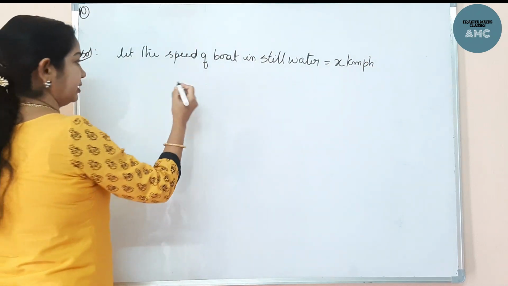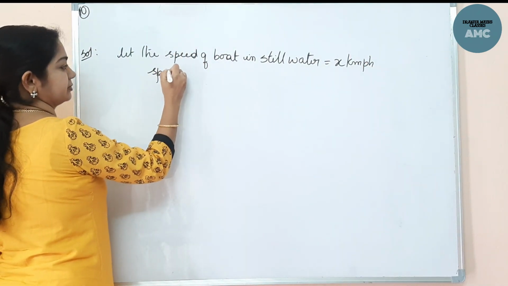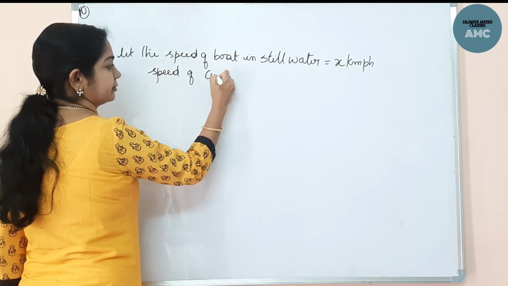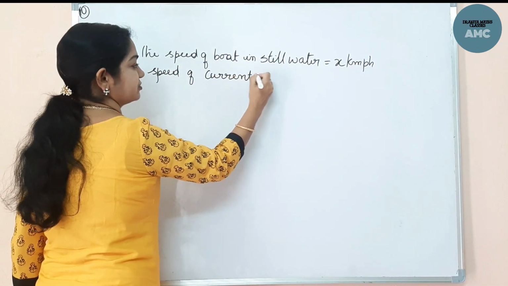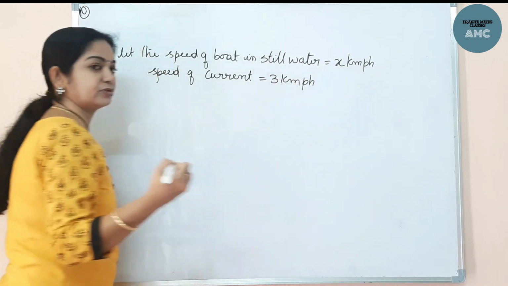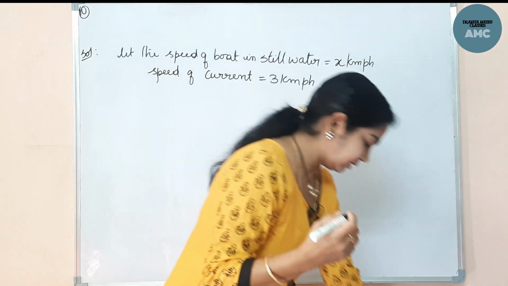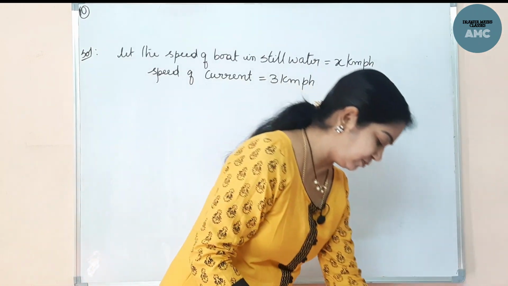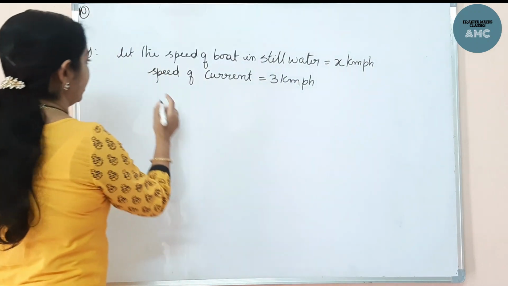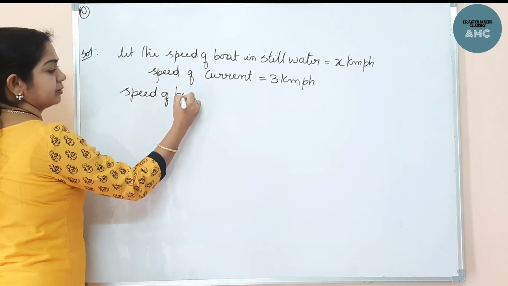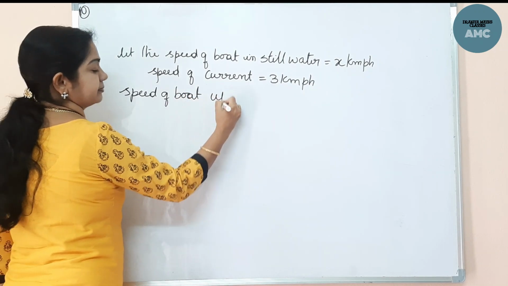Given the speed of the current, the flow, it is already given as 3 kilometers per hour, right? And what is the information? The motorboat goes upstream. Now let's see the speed of the boat upstream.